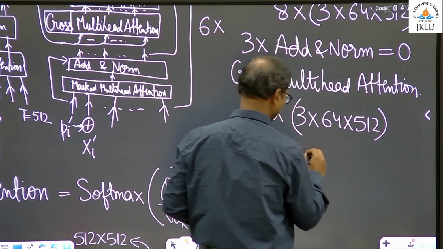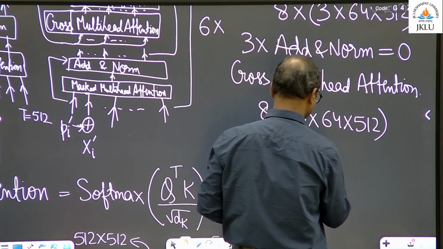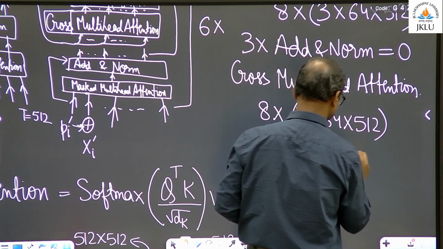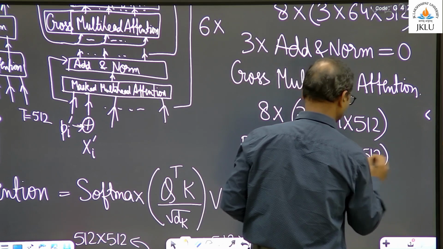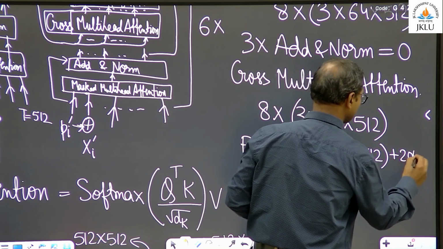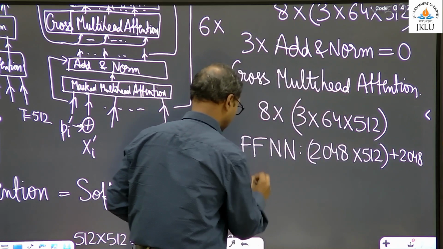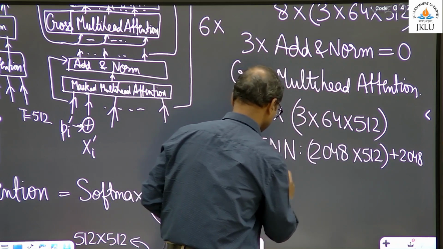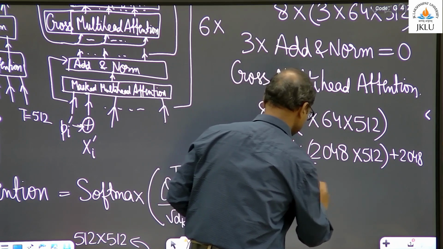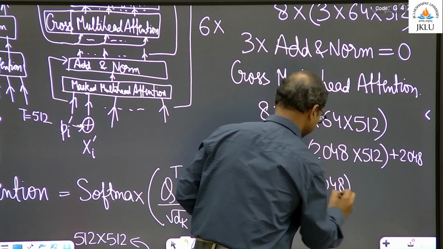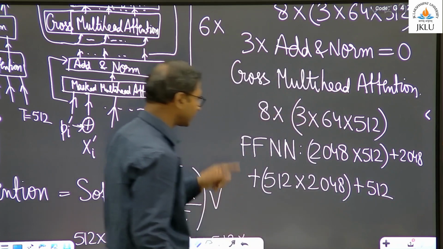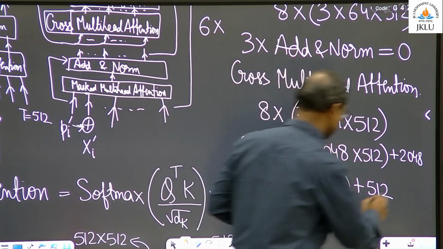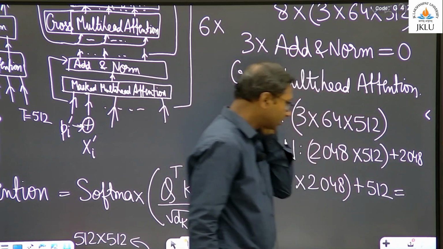It was 2048 cross 512 plus 2048 and now plus 512 cross 2048 plus 512. What was this whole number? Just this number? I mean, okay, whatever it is.